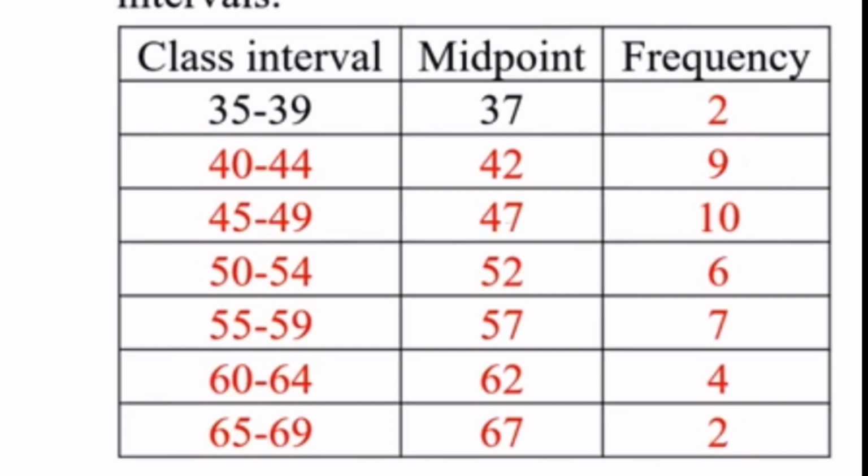Okay, now you need to copy this frequency table into your exercise book. You must label class interval, midpoint, frequency, and you also must make sure you double check every class interval and also the midpoint so that the data is accurate before we draw the frequency polygon.